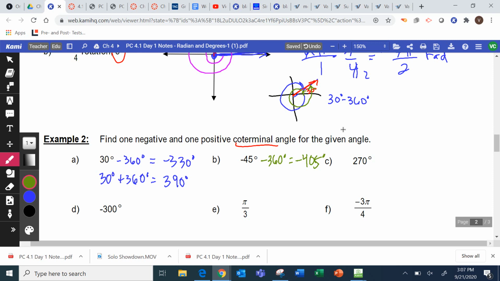For a positive, we would add negative 45 plus 360. We would get 315 degrees.